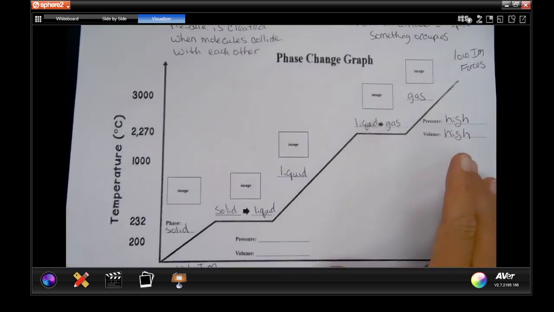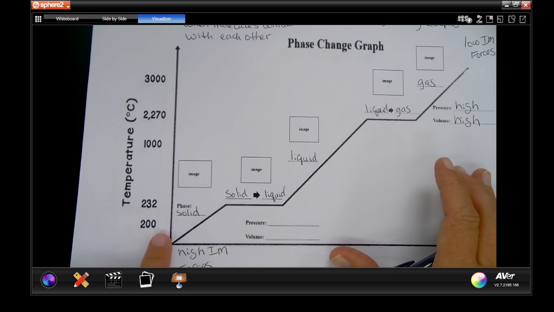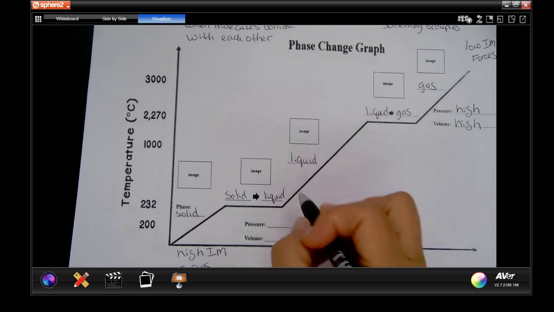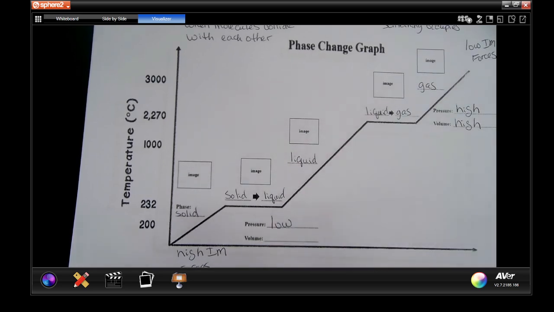Okay? But when we're down here in the solid, let's say I take all the energy out of my 3-year-olds. They stop running as fast. Are they going to run into each other less or more if they're slowing down? Less. So what's going to happen now to my pressure? Pressure is going to get lower. So down here, we're going to have low pressure.